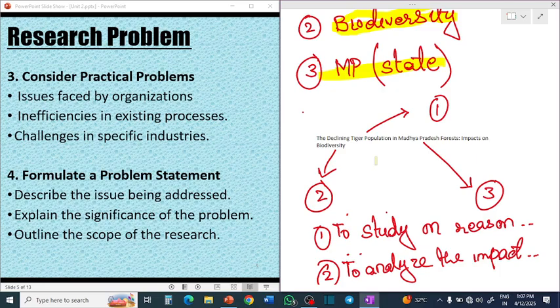The declining tiger population is our first point, where we have described the issue. Biodiversity will be our second point, which will show the significance, and our area of study will be Madhya Pradesh. So this is how we formulate a problem statement.